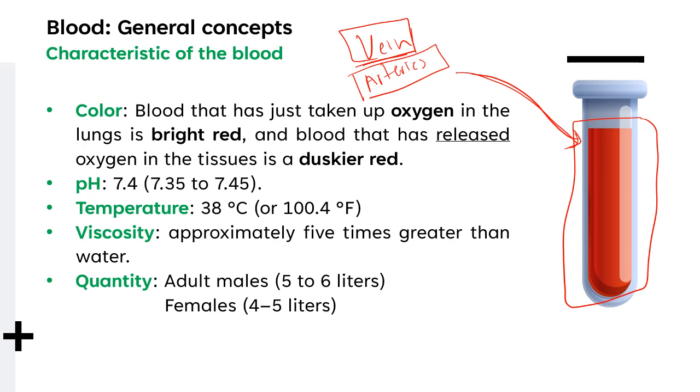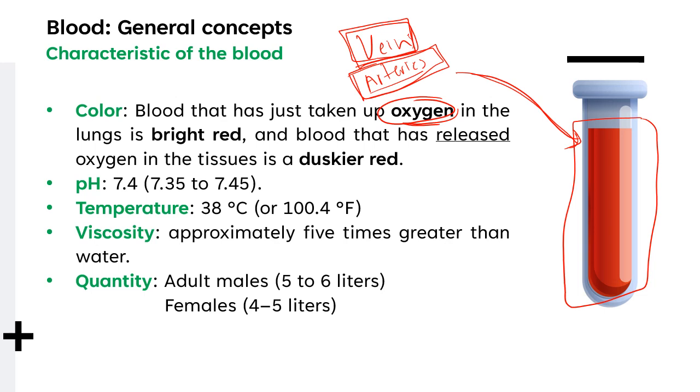Now, veins and arteries have a different structure, and it's important to know that arteries will carry blood with a high concentration of oxygen. Veins normally transport blood with a low concentration of oxygen.